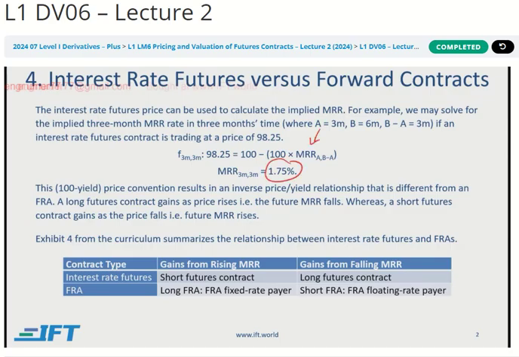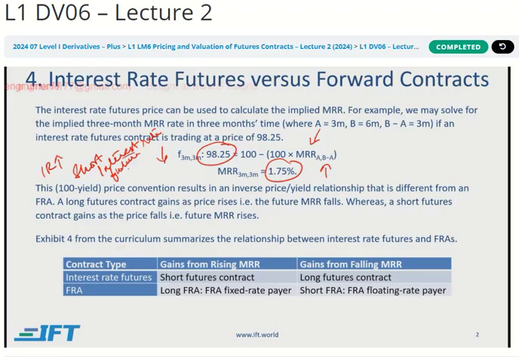You will put that 1.75 over here, and you will subtract that from 100, and what you will have is 98.25. And now if this 1.75 goes up, the value of this future contract will come down. So if you think interest rates are expected to go up, you should go short the interest rate future contract.